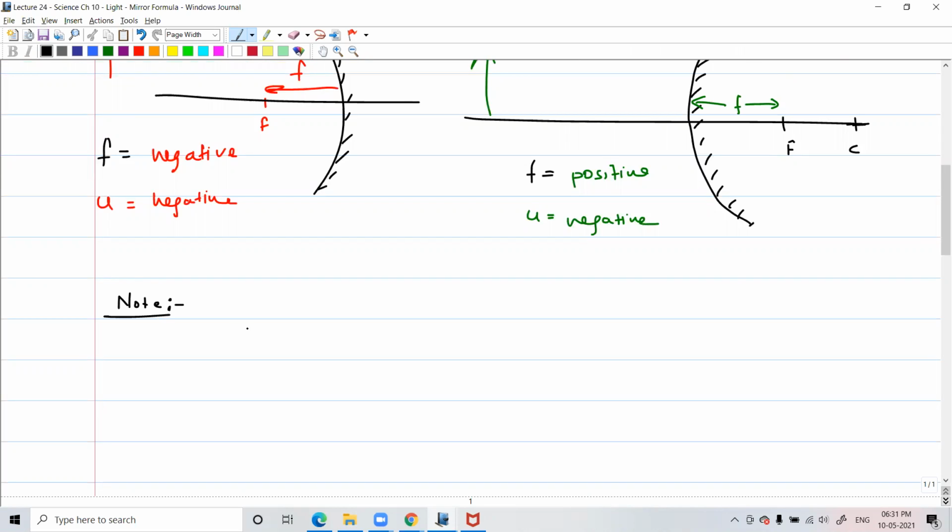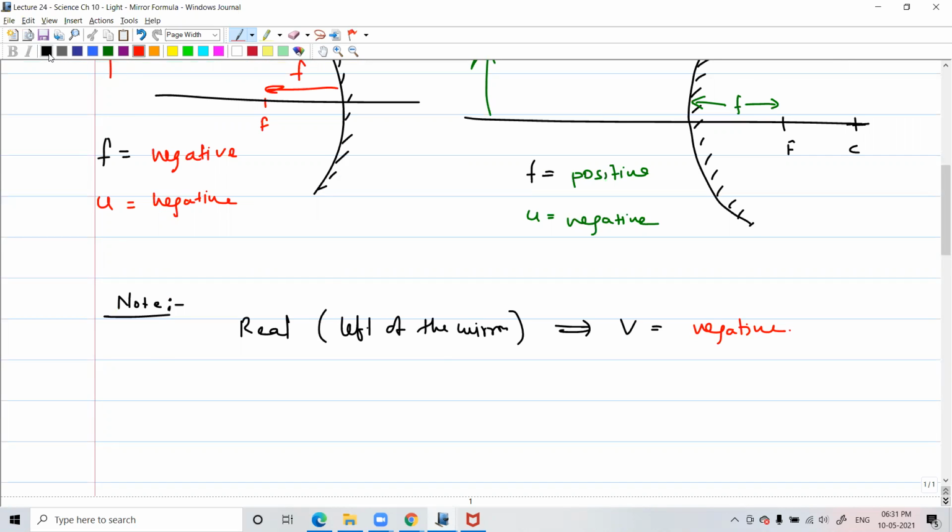Usually, in whatever cases we have seen so far, real images are on the left of the mirror. So in that case, V is negative. Image distance is negative.